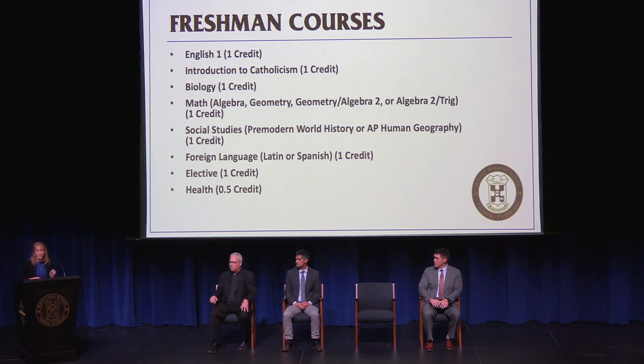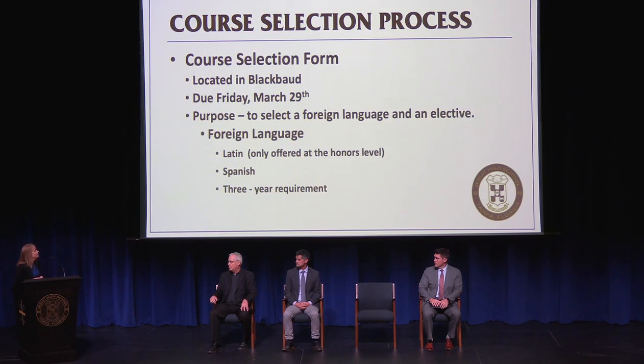We're going to start with course selection, and the 2 areas where he will, with your help, make choices are in his foreign language and in his elective. I'm sure you've already seen, or you will see, that there's a form up in your Blackbaud portal called the course selection form. This is where he will register those selections for foreign language and for his elective.